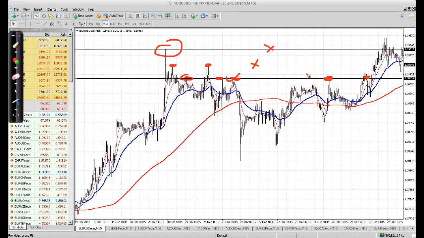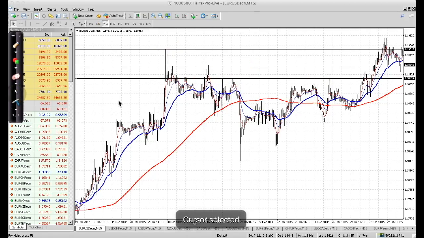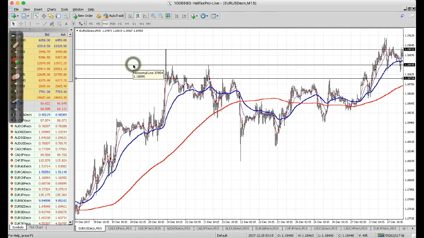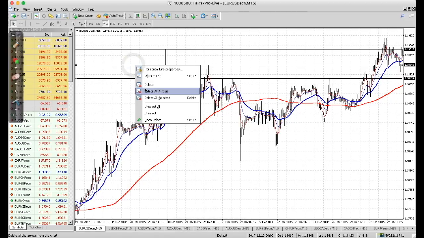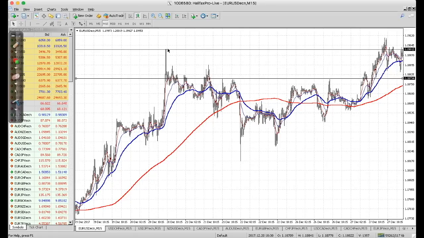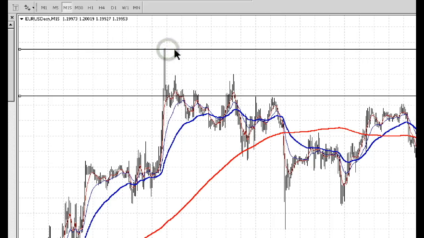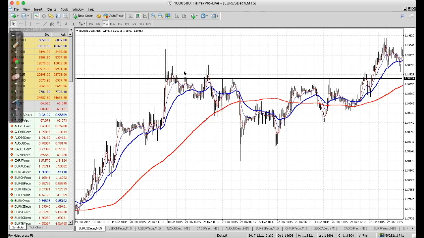Because it touches as many points as possible. So I would take that as a more significant line than the first two. So I can double click on this and just delete it. Click delete, double click, right click, delete. Okay, so I find there's a resistance over there.